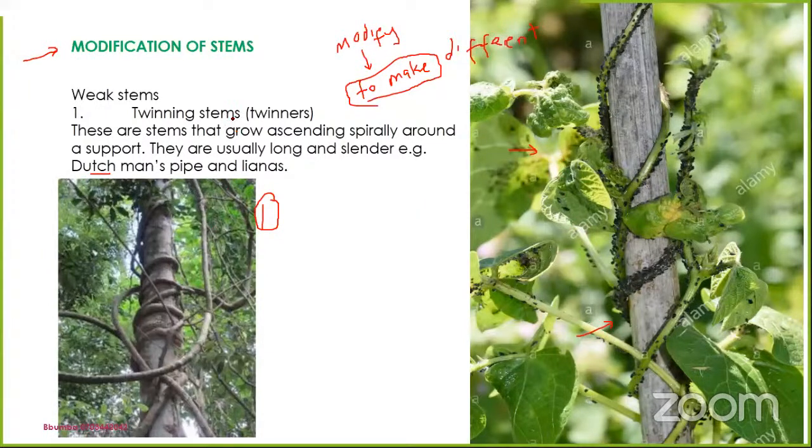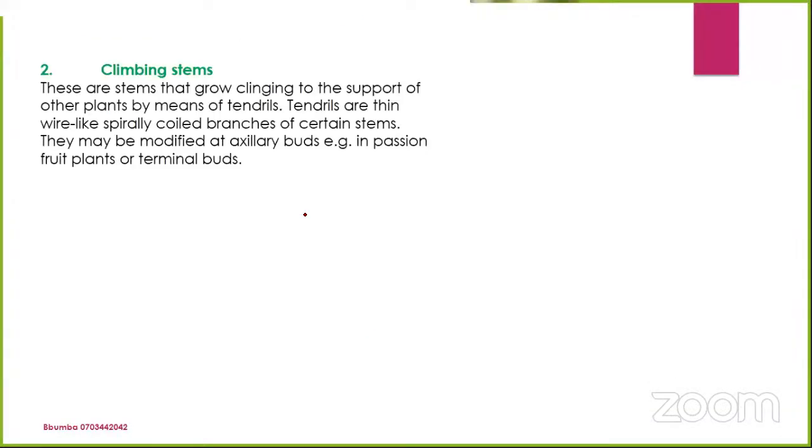After looking at the twining stem, we can also look at the climbing stem. These stems grow clinging to a support. The other ones were spiraling. Spiraling means they grow around something like a spring. If this was the support, this one would grow spiraling like that.